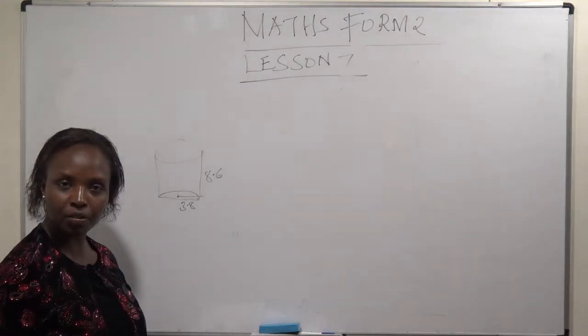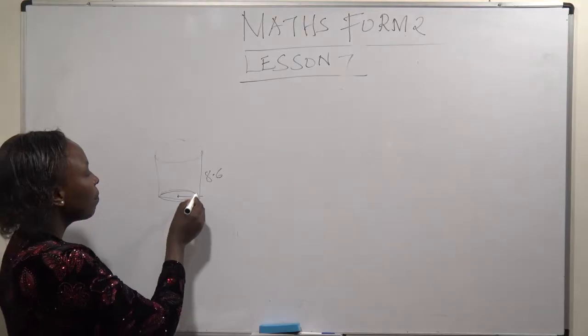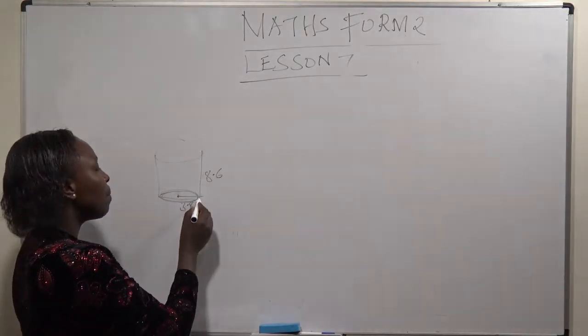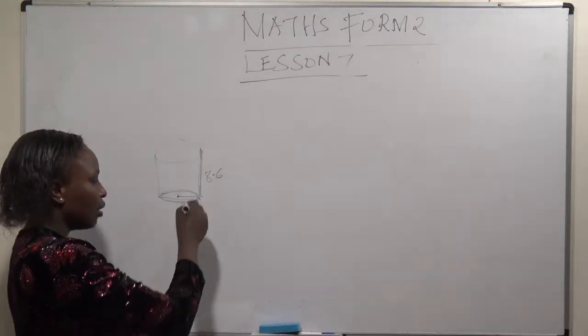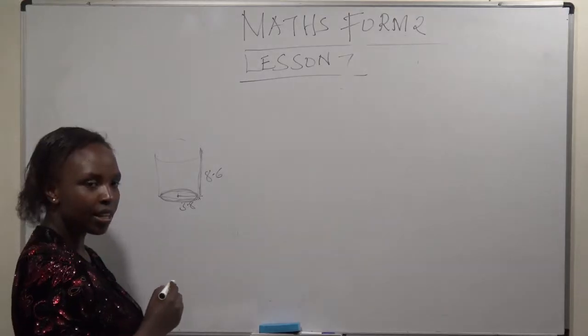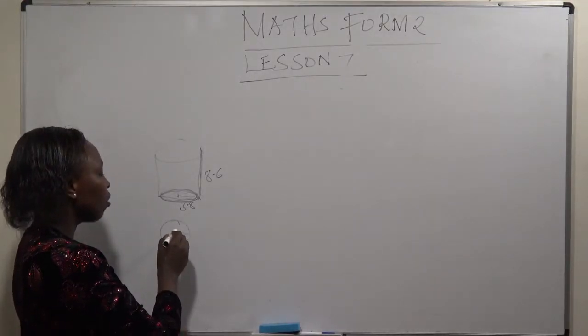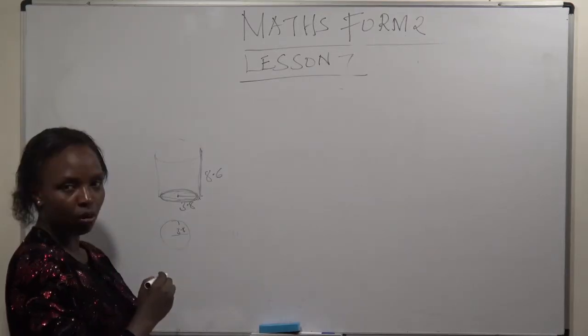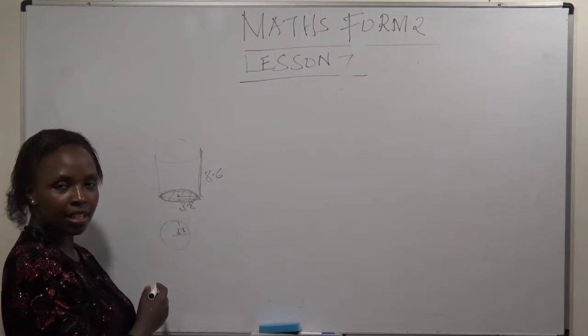And how do you get the volume of a cylinder? You get the volume of a cylinder by taking the base area multiplied by the height. The base area of this cylinder takes the shape of a circle, so we take this circle and get its area.